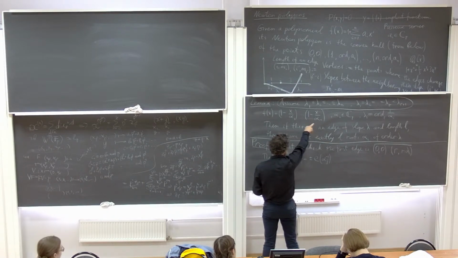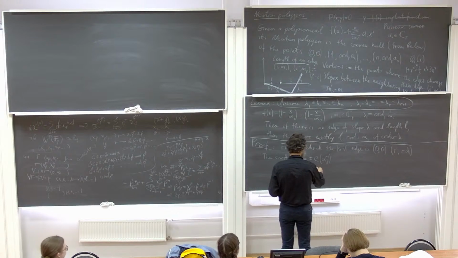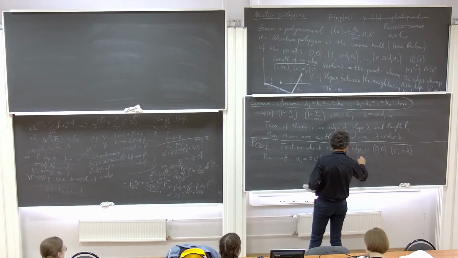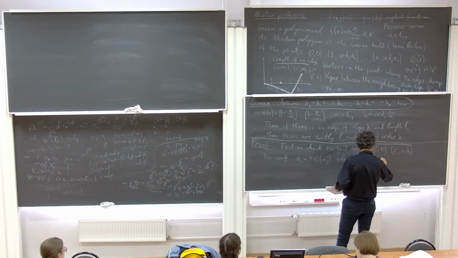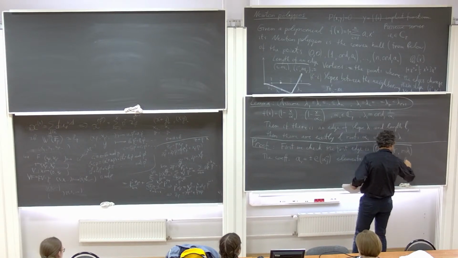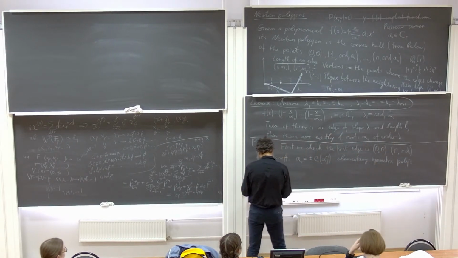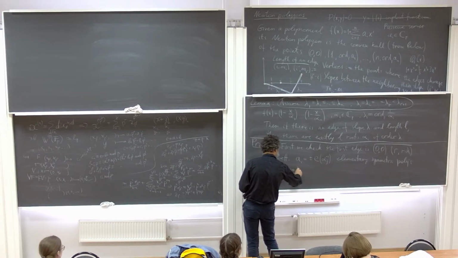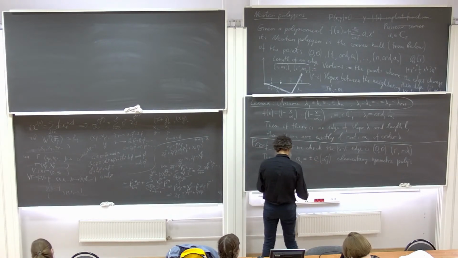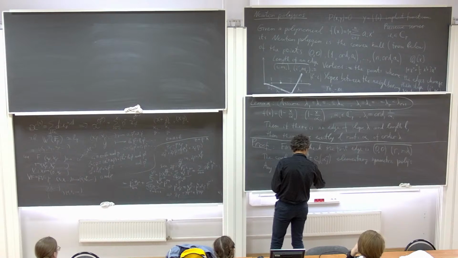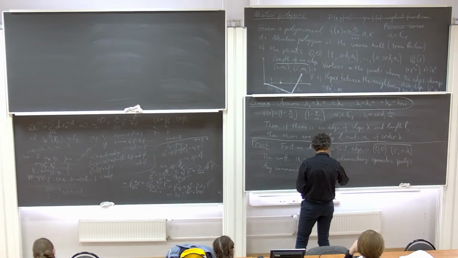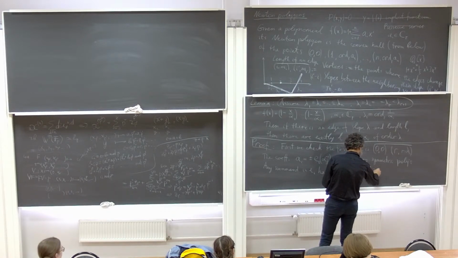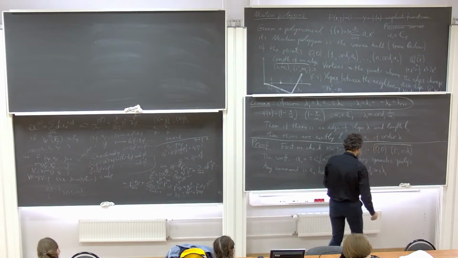Any summand in this elementary symmetric polynomial has order at least i times lambda 1, right?